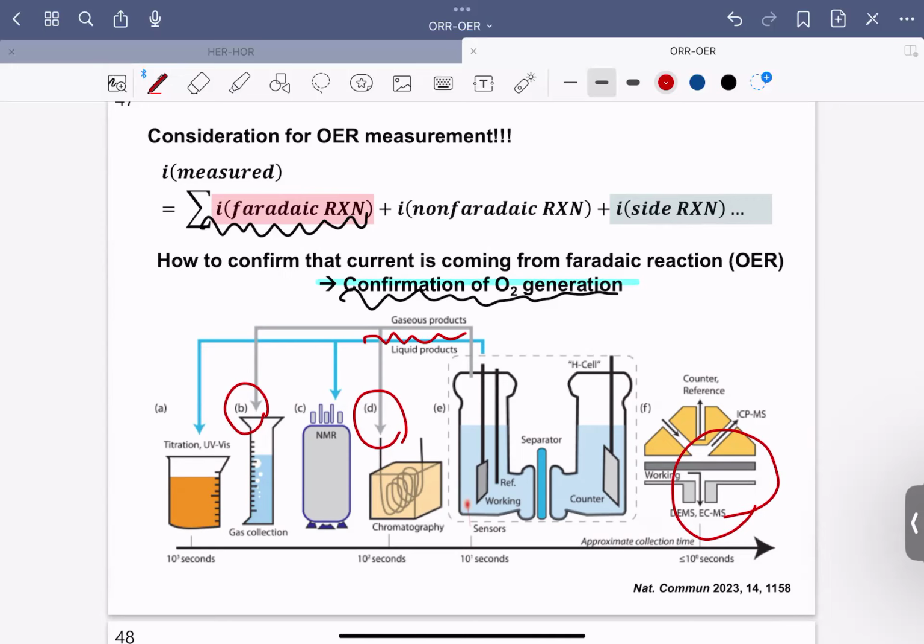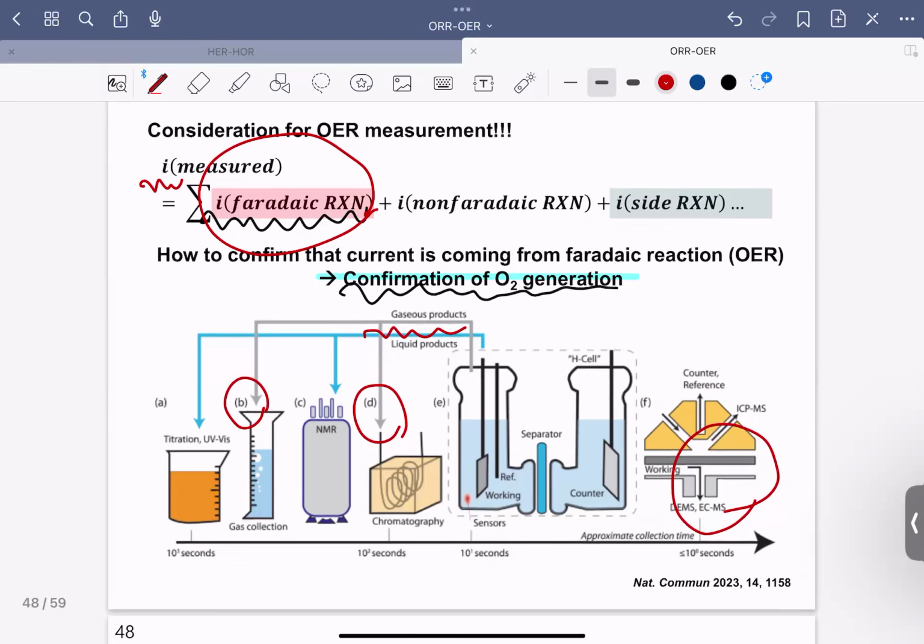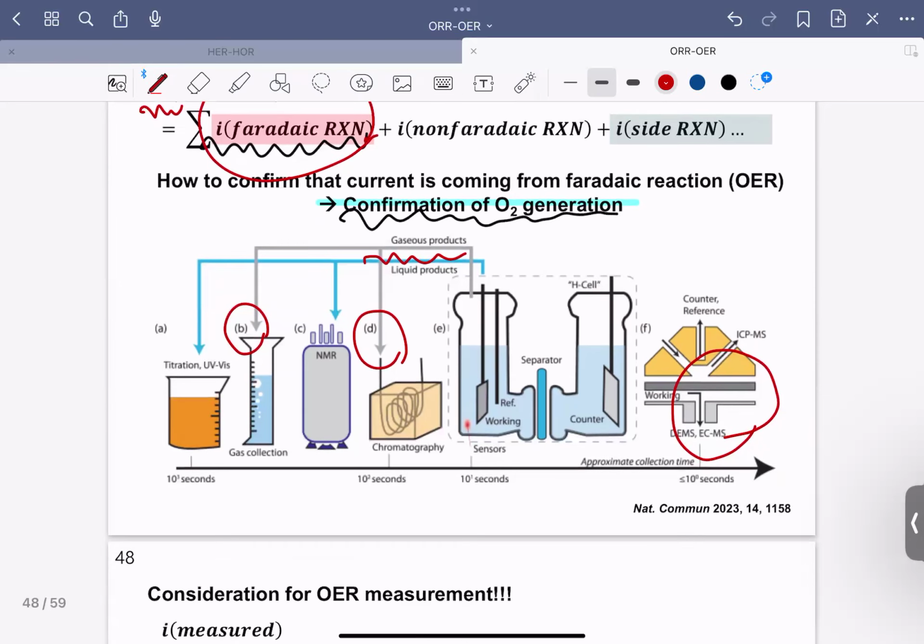So I would like to highlight once again. The current is a good metric to estimate the reaction, but if there is any possibility of side electron transfer, you definitely need to confirm how much oxygen is really produced during the process. So this is the direct comparison and direct validation of the real chemical reaction.